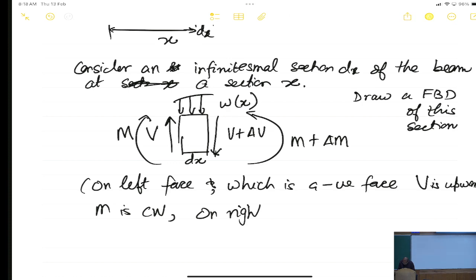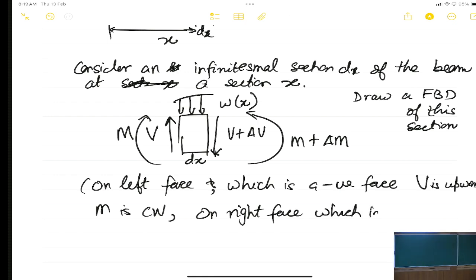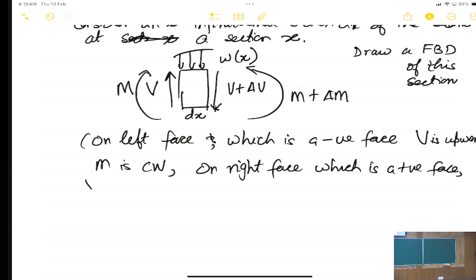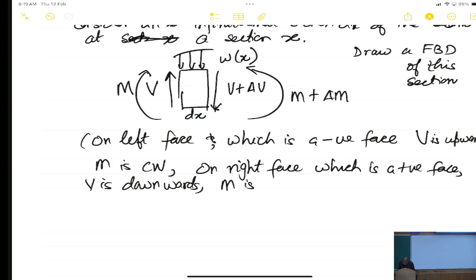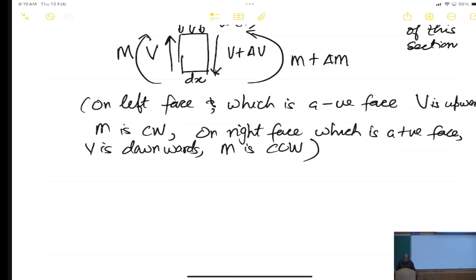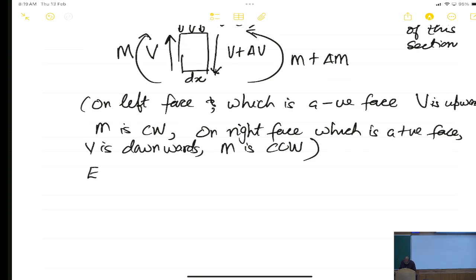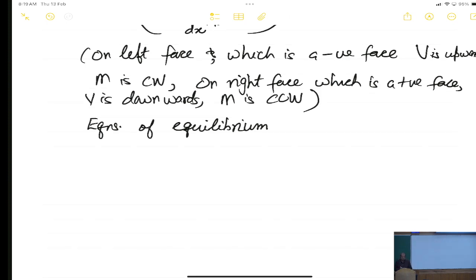On the right face, no, let us write the equations of equilibrium.